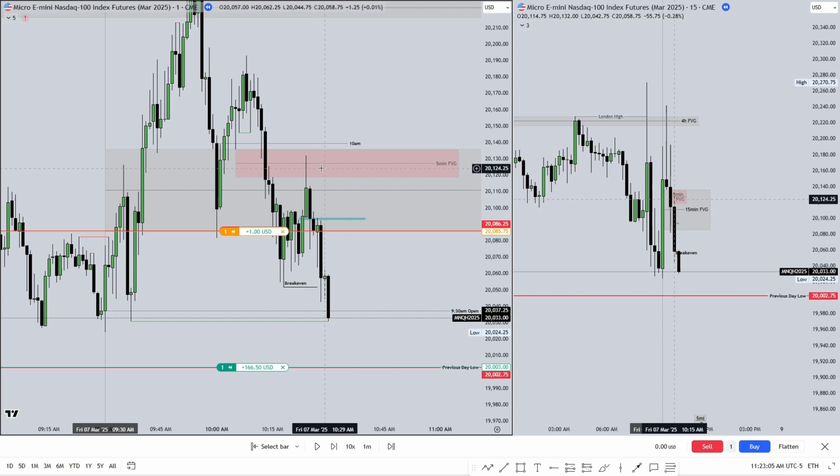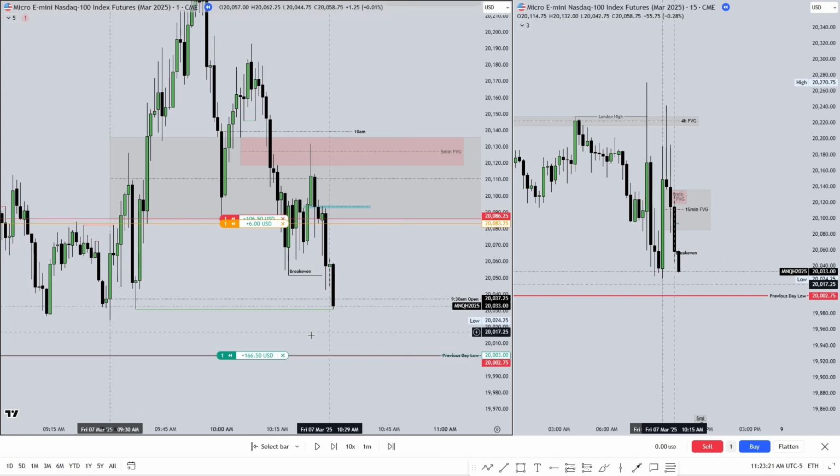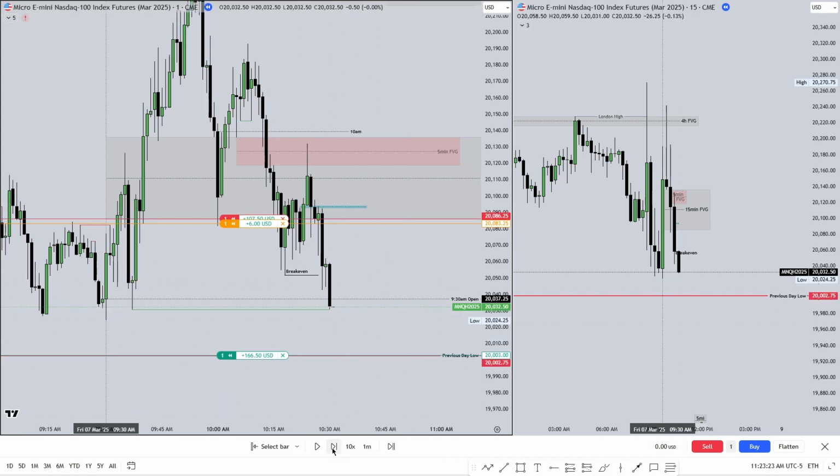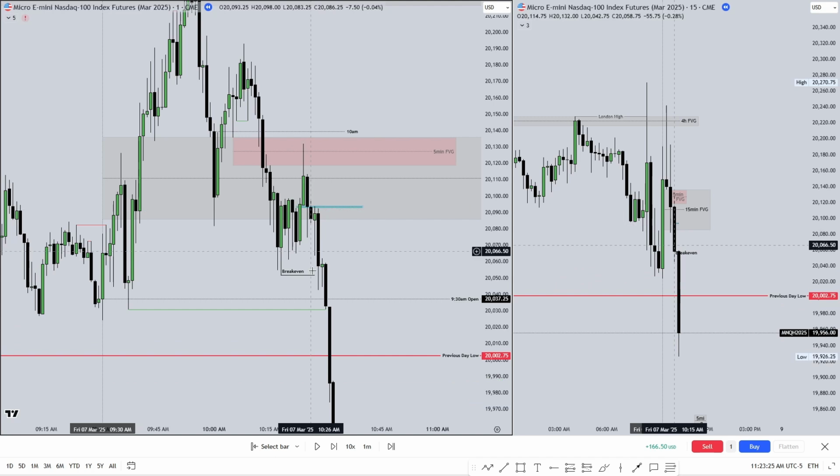That wouldn't make any sense for me if price swept this low, went all the way back up into this 5 minute fair value gap at this high where my stop loss was. That just doesn't make any sense to hold my trade when order flow at that point would have shifted bullish. So at this point, it's really just letting the trade run towards take profit, and we had a really nice move lower at that point.